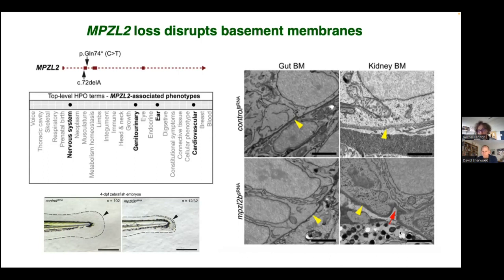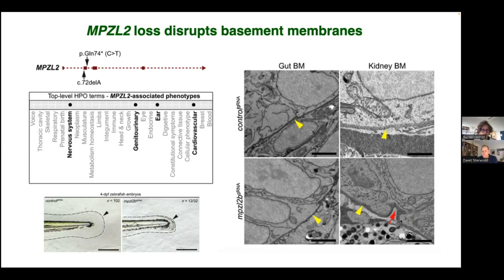So the red arrow here at the bottom right is just highlighting an abnormal region of basement membrane. So evidence there that MPZL2 loss disrupts certain, not all, but certain basement membranes.